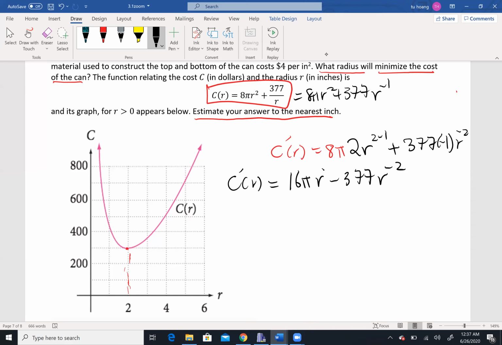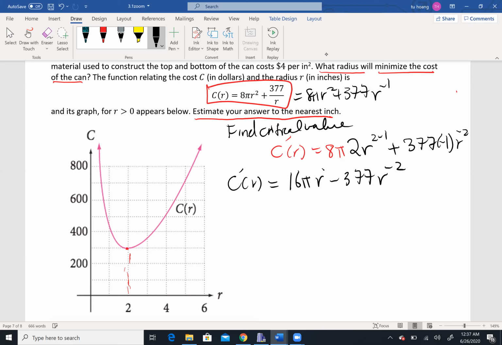In order to find the minimized cost of the can, step 1 is to try to find the critical value of the function. So I'm gonna write, find the critical value.